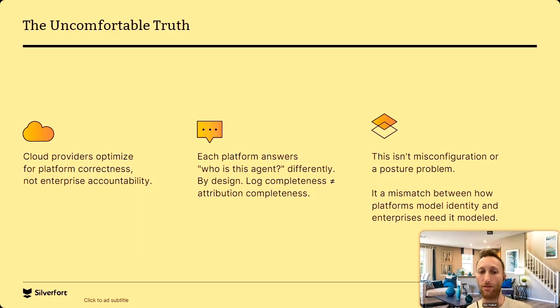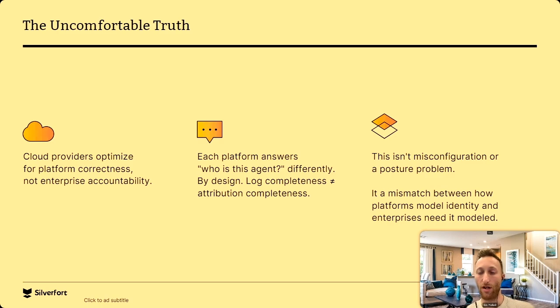attribution completeness, right? You can see what happens, but knowing who decided, who executed, and who was accountable, like I showed you before, that requires a little bit more stitching together inside each of those platforms.